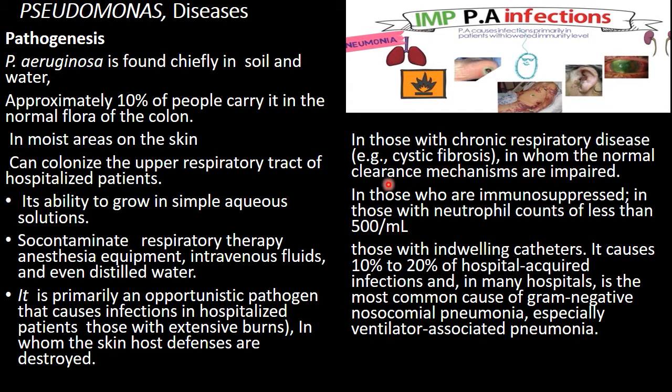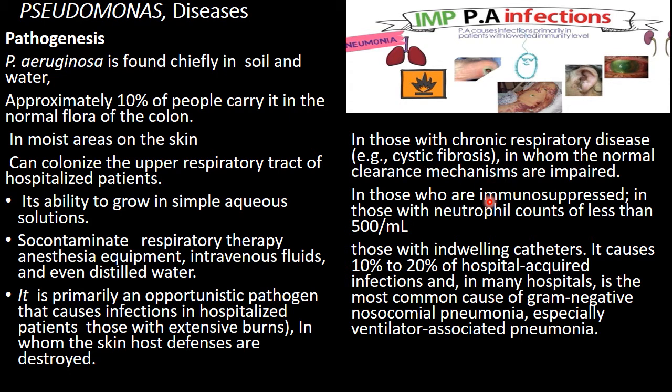Actually, this bacterium is also found in people that have chronic respiratory diseases, for example cystic fibrosis. Cystic fibrosis is a genetic disease in which the clearance mechanisms are impaired.